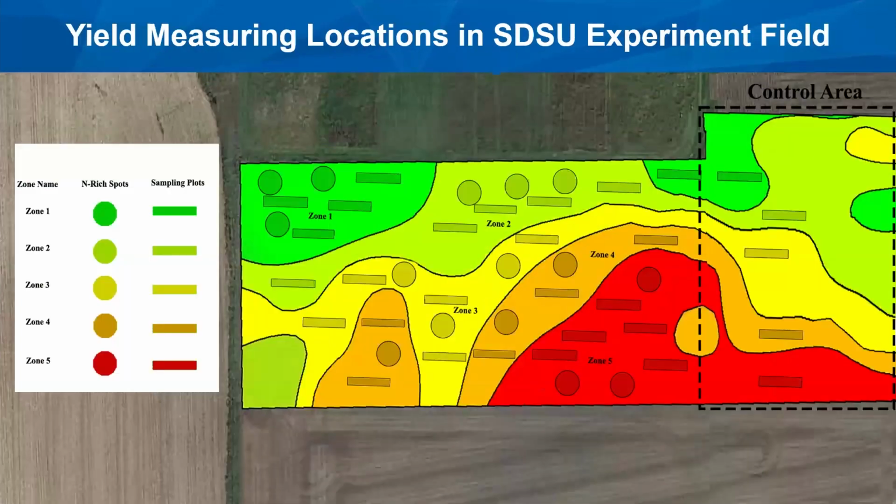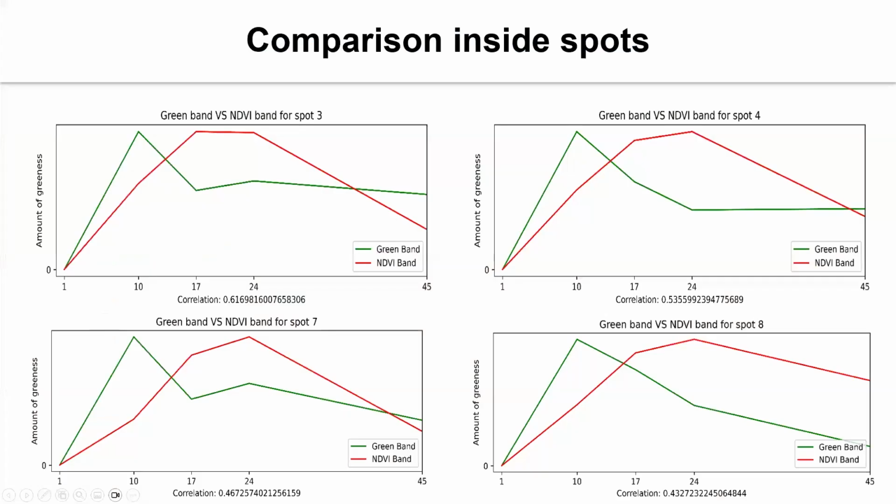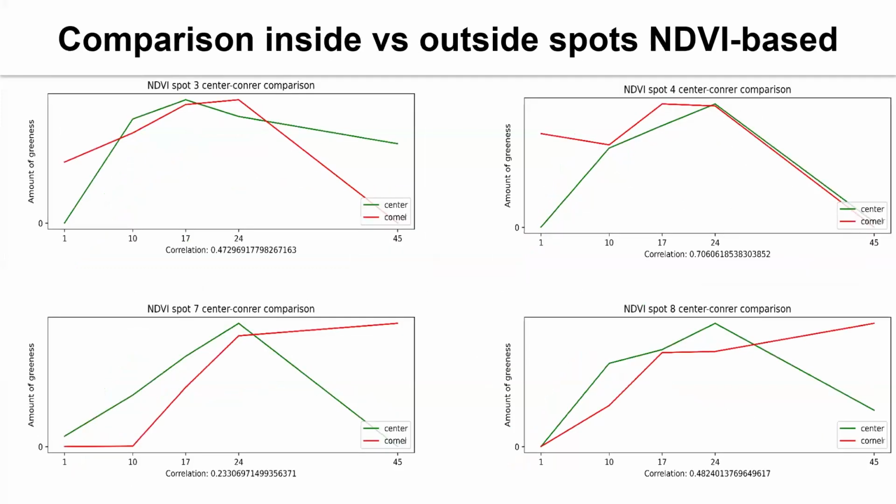So we placed our spots. These are our spots, the circle ones, and these are our sampling plots. And here was our control area. We compared the inside spots together, based on the NDVI and excess green factors.